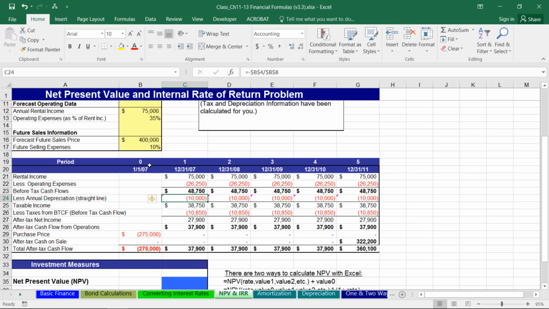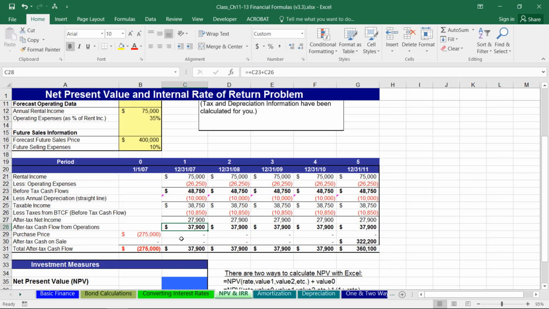Straight line would give us $10,000 per year, and so we subtract that from our before tax cash flows to get a taxable income of $38,750. Applying our tax rate to that, we will pay taxes and be left with $27,900 after-tax net income.